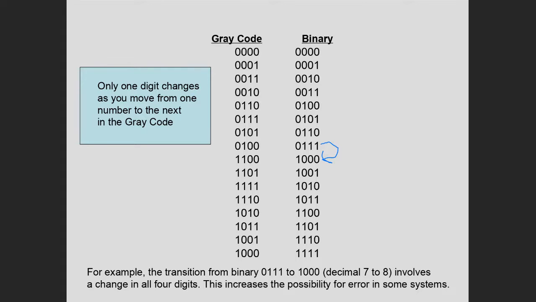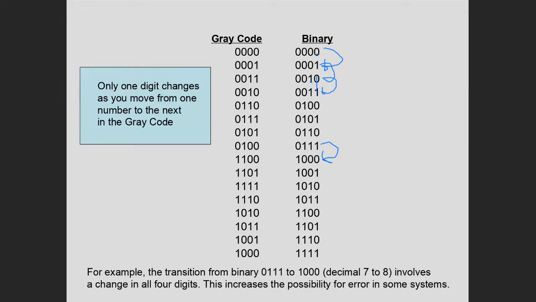Notice that when you transition from 7 to 8, every bit changes. When I go from 0 in binary to 1, the only bit that changes is that least significant bit right here. When I go from 1 to 2, again, only 1 bit changes. When I go from 2 to 3, this bit stays the same, but then this bit changes.